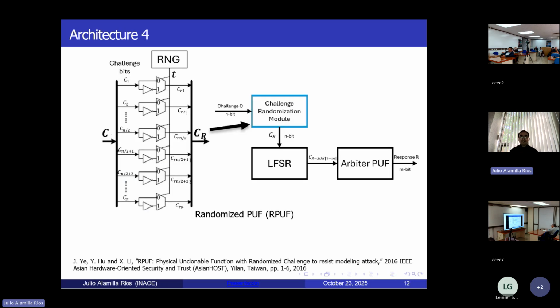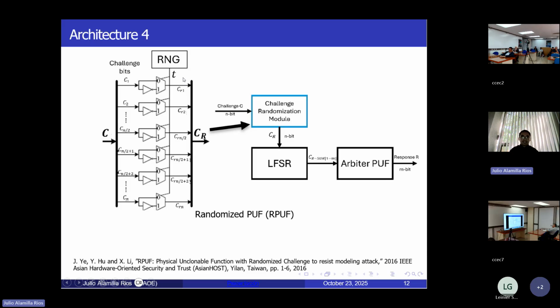Finally, the fourth architecture analyzed was the randomized PUF. Its operation is based on dynamically randomizing the input challenges through an integrated random number generator, or RNG.